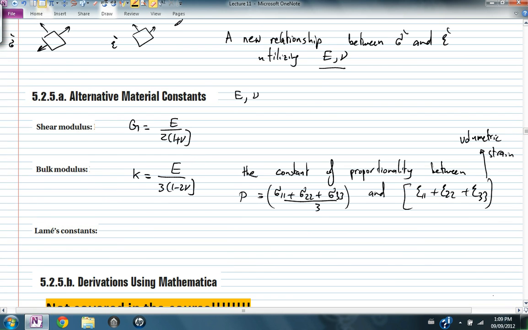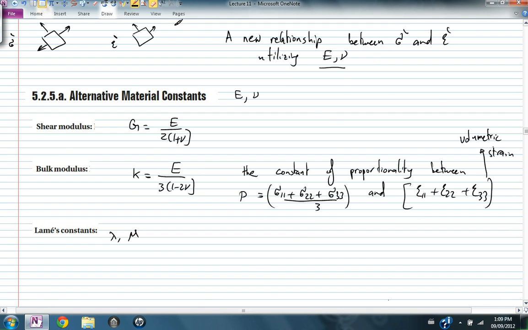There are two other constants that you might come across at some point in your life. They're called Lamé's constants, and Lamé was a person who studied the stress and the strain and found that if he replaced E multiplied by Poisson's ratio divided by 1 plus Poisson's ratio, 1 minus 2 Poisson's ratio, he could represent the relationship between the stress and the strain in a simpler way.